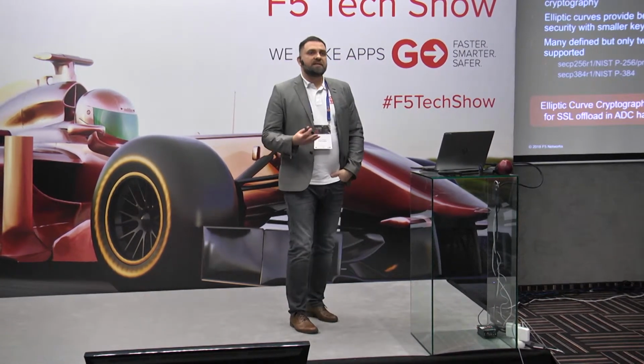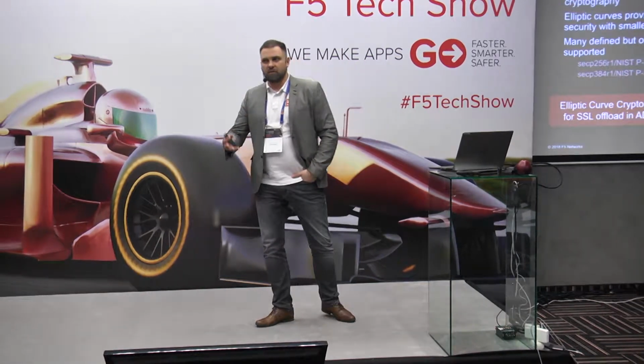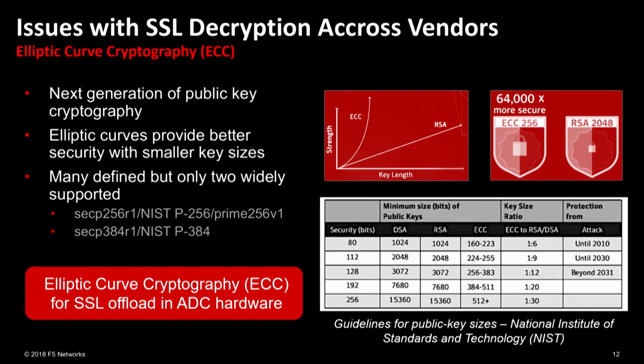Maybe you heard about ECC cryptography. First of all, RSA cryptography is compromised. Don't use RSA in your organization. According to NIST, the new encryption technology is ECC, elliptic curve cryptography. And why am I talking about elliptic curve cryptography right now?